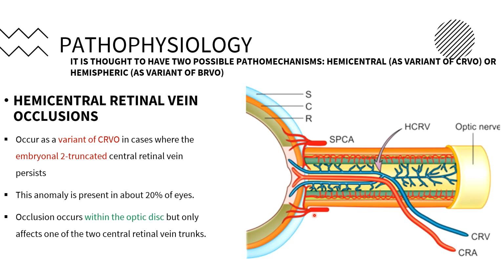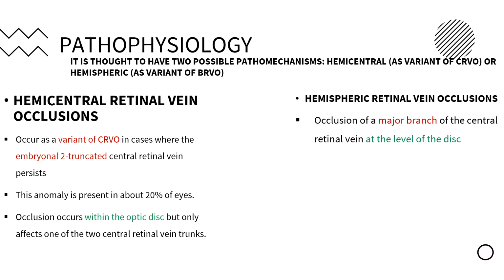Hemicentral retinal vein occlusion occurs as a variant of CRVO in cases where two trunks are present forming the central retinal vein, and it is present in about 20% of eyes. Occlusion occurs within the optic disc, but only affects one of the central retinal venous trunks.